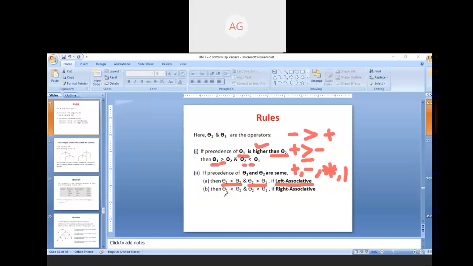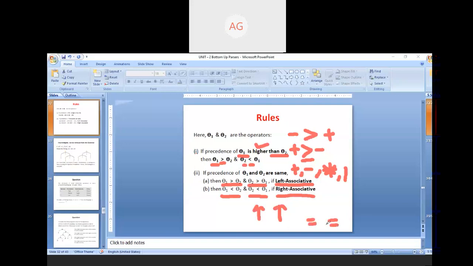According to rule B of the second rule, if theta 1 is less than theta 2 and theta 2 is greater than theta 1, this is in case of right associative. We know that the exponential operator and the equal to operator follow the right associativity rule.